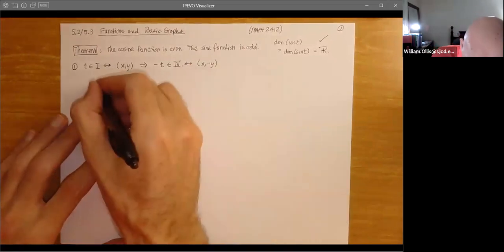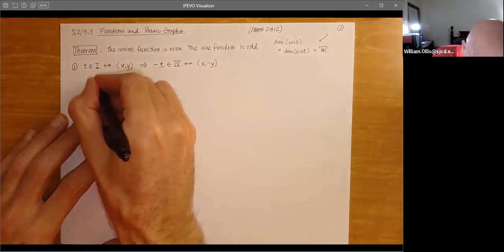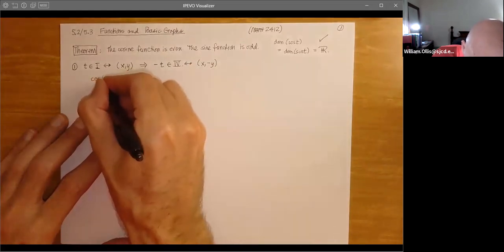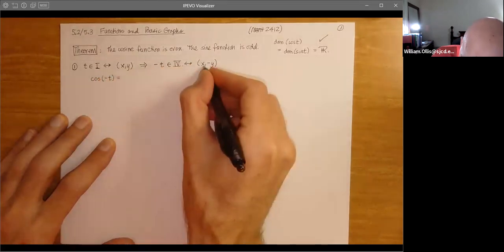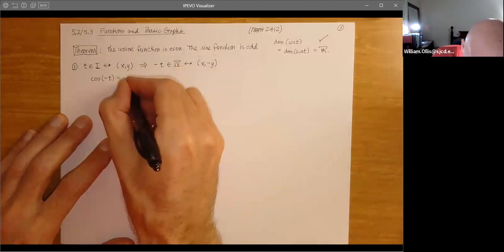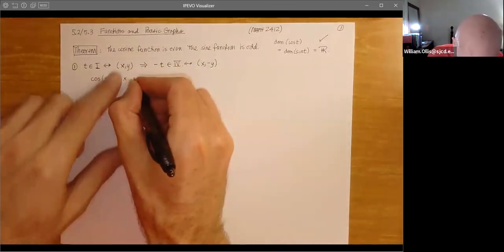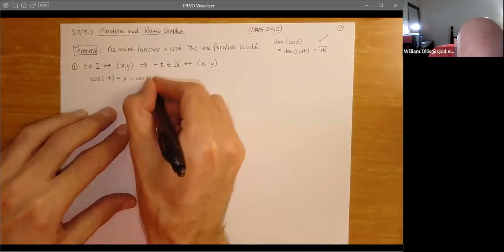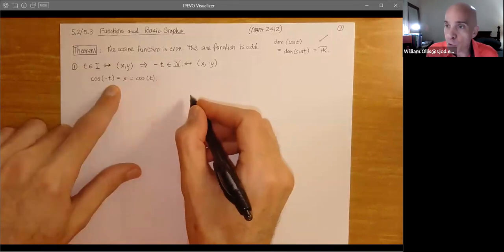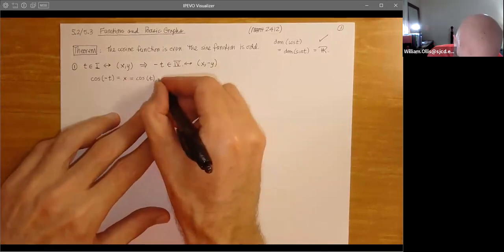So now we can just say, all right, well, we'll start with cosine. Cosine of the additive inverse of T will now be X, because remember, cosine is the X coordinate of the terminal point, but that's also cosine of T. So that works there in the first quadrant. That is, the cosine function by definition is even.